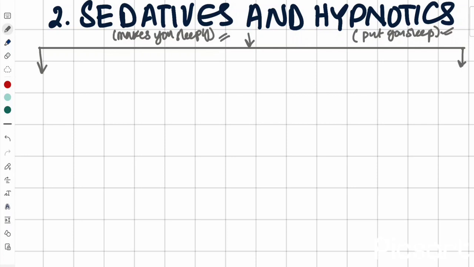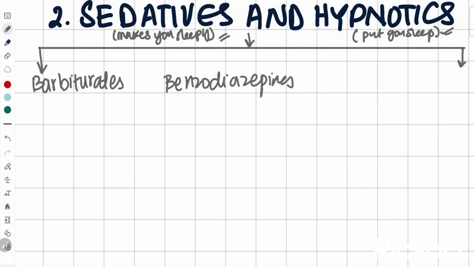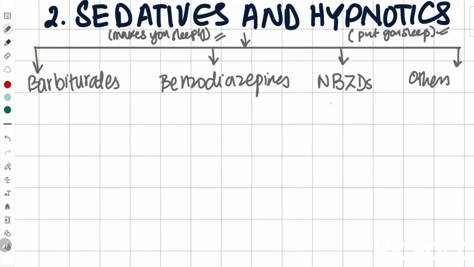Okay, so here we're going to talk about barbiturates. We're also going to talk about benzodiazepines, non-benzodiazepines, and then others. The others are, number one, orexin antagonists.